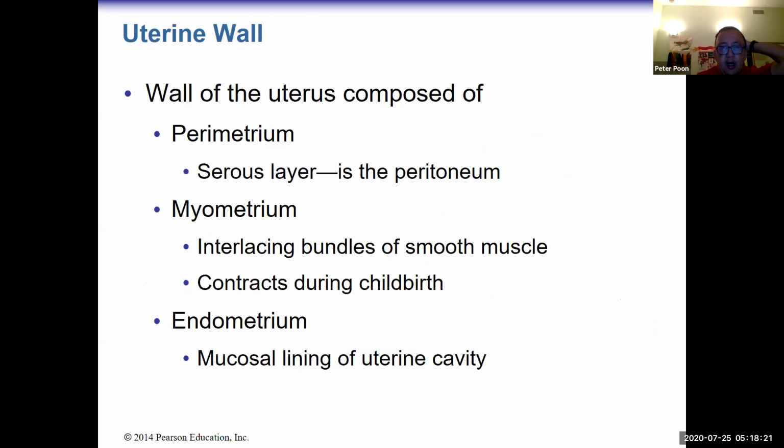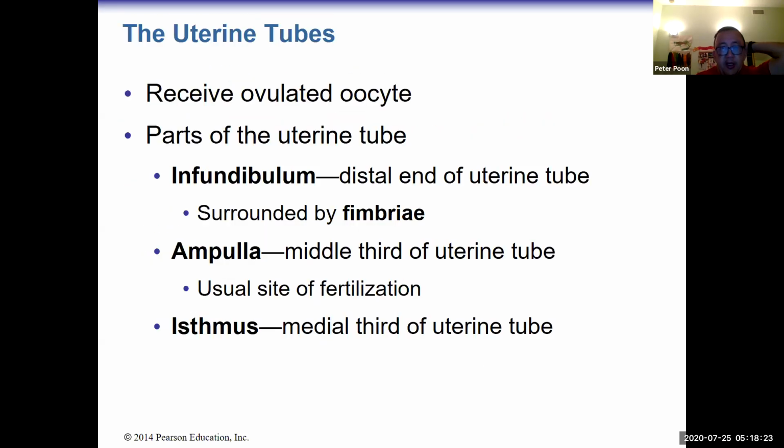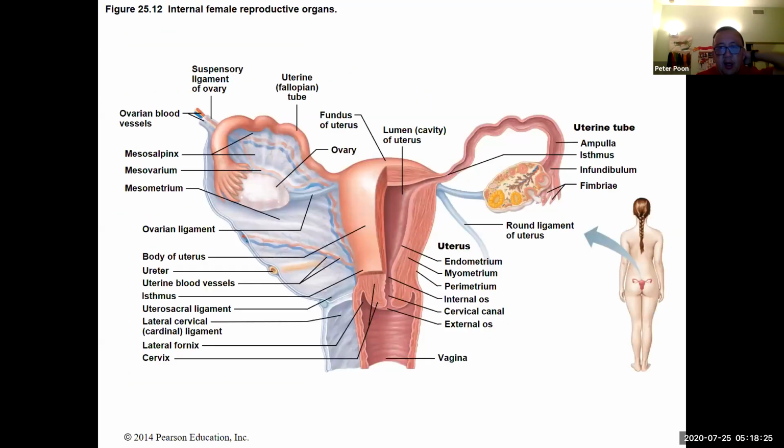The next thing is the uterus. Let's go over the parts of the uterus. Here's the body, and this has a fundus. There are three layers to the uterus.